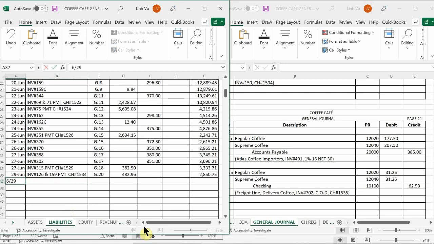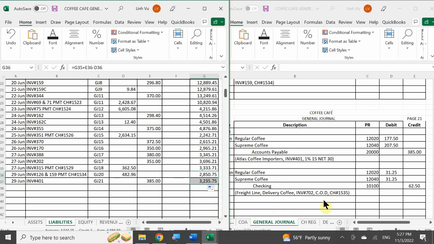And because we racked up another bill, right? So accounts payable for invoice number 401. Okay, this is the 21st for $385. Okay, which should increase your liability to $3,235.75. Okay.